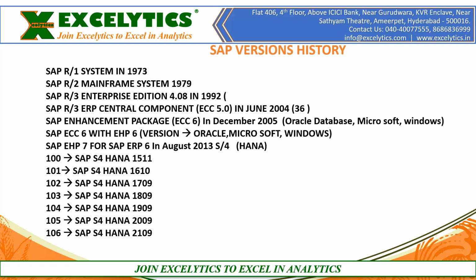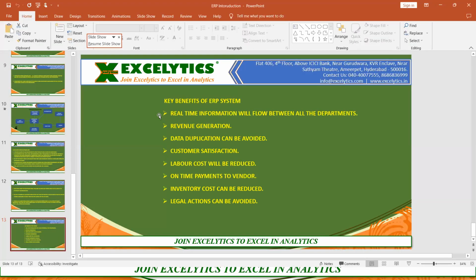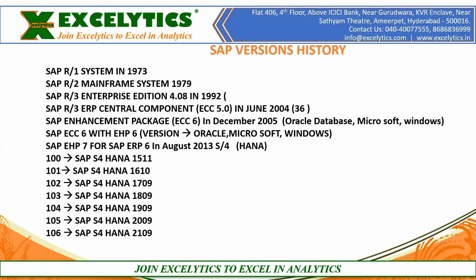Central Component, what we saw in ERP. Clear? See here, a central component for all the departments, right? So ECC is nothing but E for ERP, C for Central, and Component.